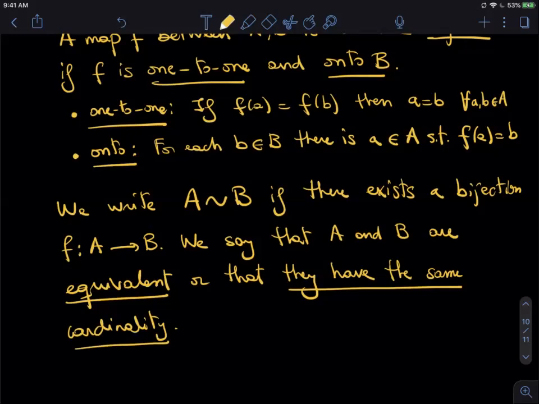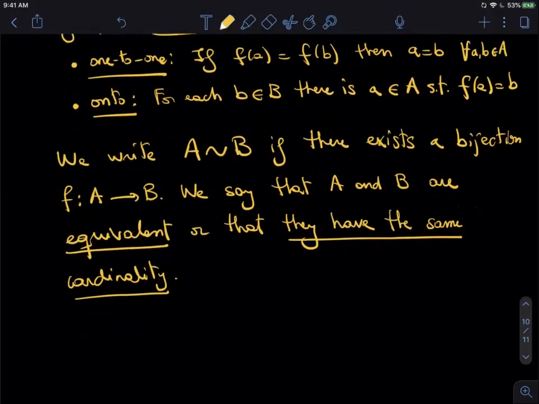So what does this mean? When two sets are equivalent, in case the sets are finite, this will mean that they have the same number of elements, but this also extends to sets that are not finite. We will get into this in more detail in a moment.